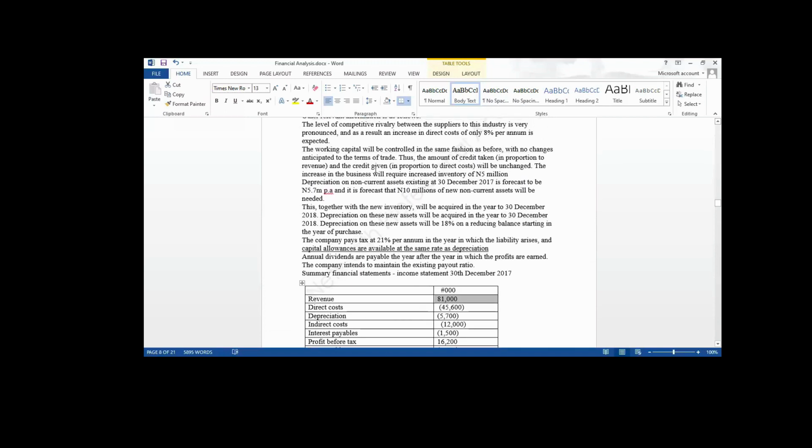Look at where we are dealing with. We have treated this aspect, the amount of credit taken in proportion to revenue. That was receivables as a proportion of revenue. Look at the next thing. Credit giving in proportion to direct cost will not change. Your credit giving represents your payables.